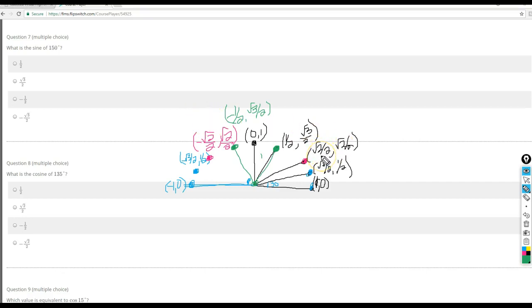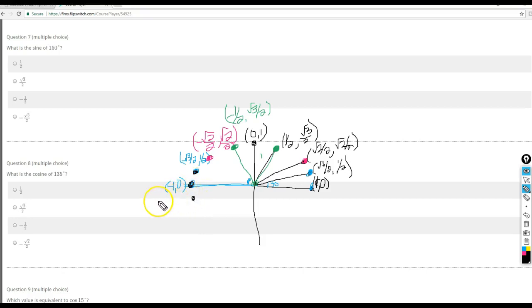And then if we wanted to build quadrant 3, we would just remember that since we're going left and down, it would be negative cosine and negative sine. So all of these coordinates would now be negative. And so this one would be a reflection of our 30-degree angle. So what's 180 plus 30?